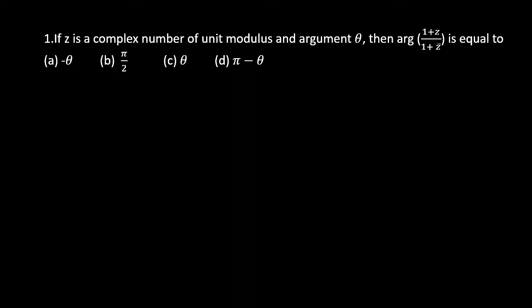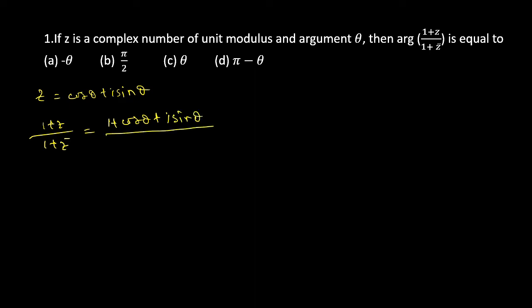So the polar representation of z will be z = cos theta + i sin theta. Okay, so (1 + z)/(1 + z bar) will be (1 + cos theta + i sin theta)/(1 + cos theta - i sin theta).